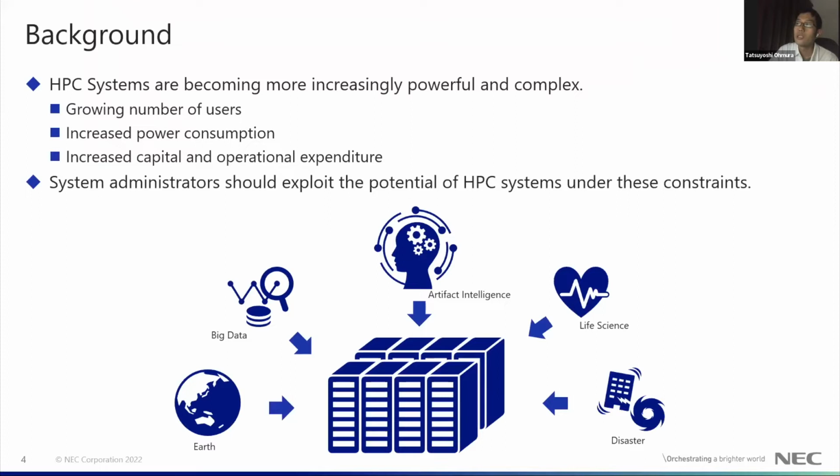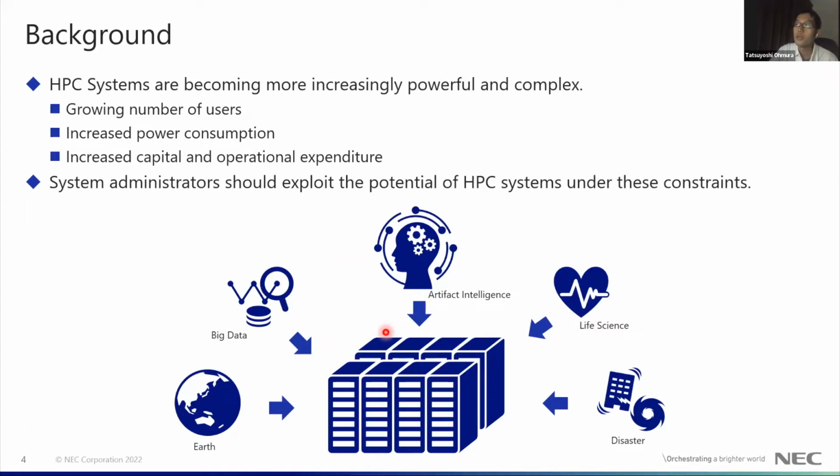First, let us describe our research background. HPC systems are used not only for traditional simulation, but also in the AI-PD domain. The computational demands are expanding day by day. HPC systems are evolving to meet this demand and various user requirements.